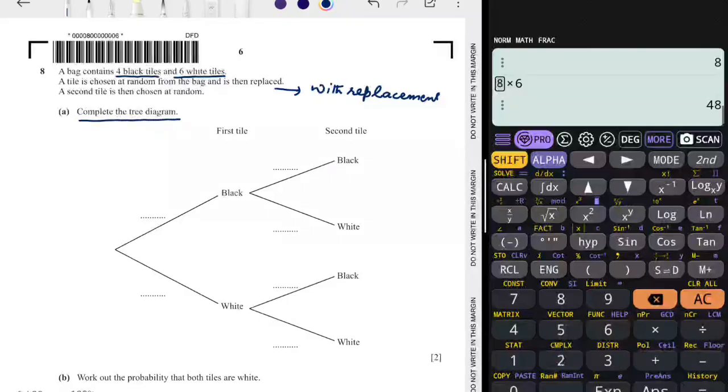Complete the tree diagram. So we know that there are 4 black tiles and 6 white tiles. So the total would be 4 plus 6 is equal to 10. So we are going to fill in the branches. So there are 4 black out of 10 and 6 white out of 10.